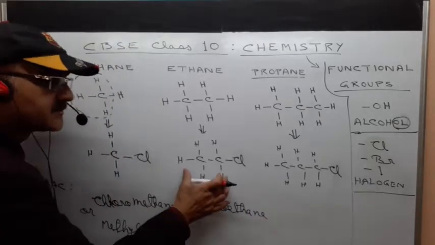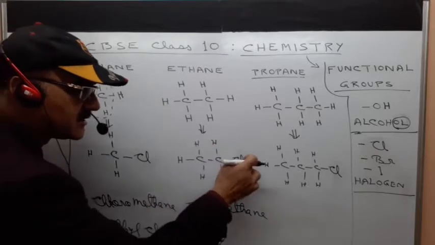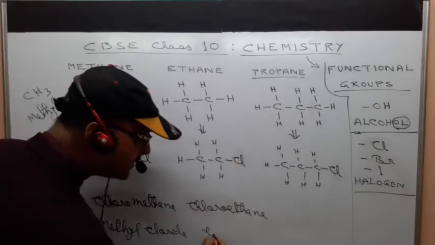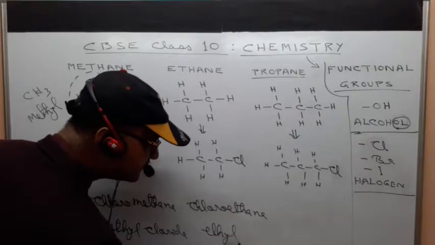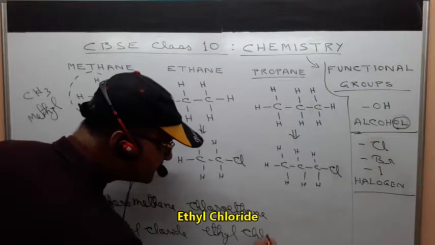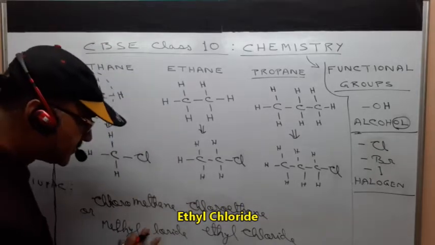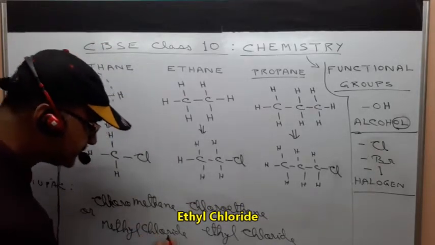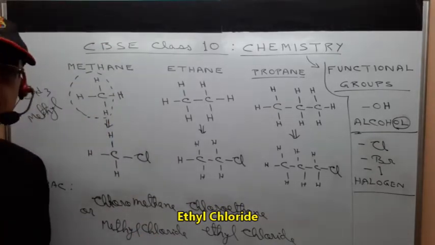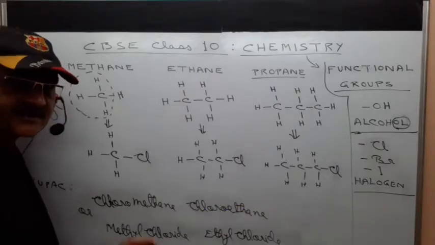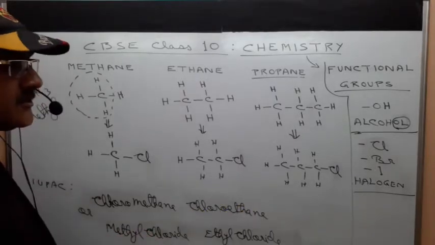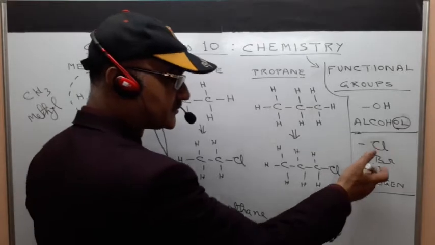Then this will be what? This is ethyl, this is chlorine, so this will be ethyl chloride. Clear? So this is about the halogen group.